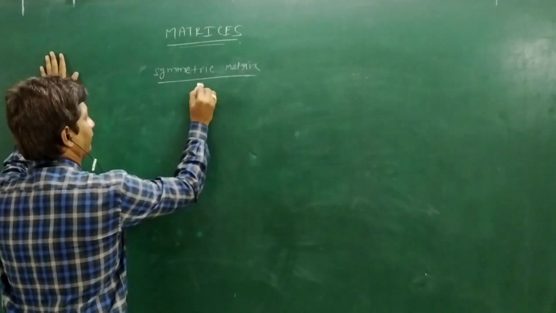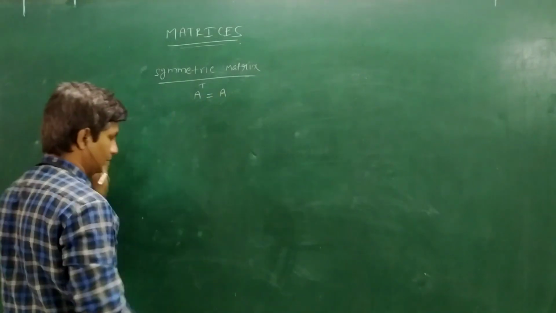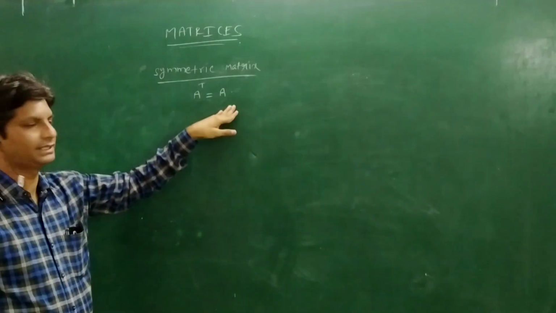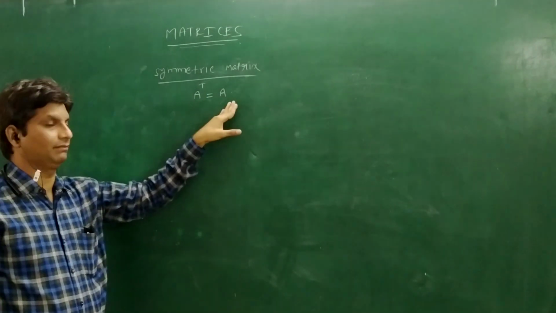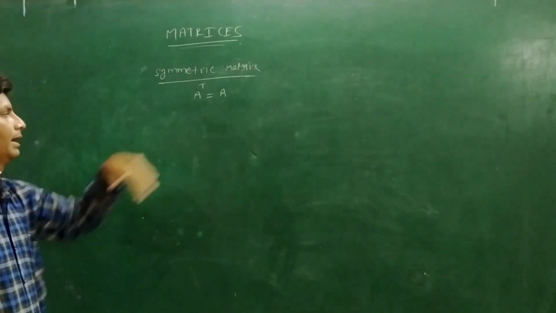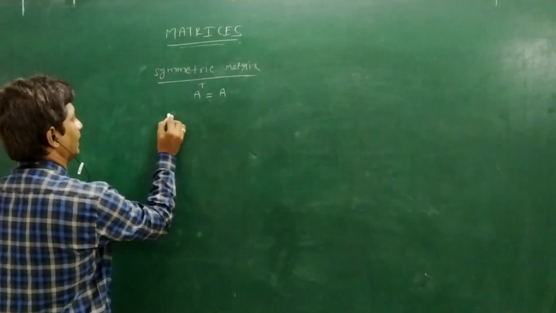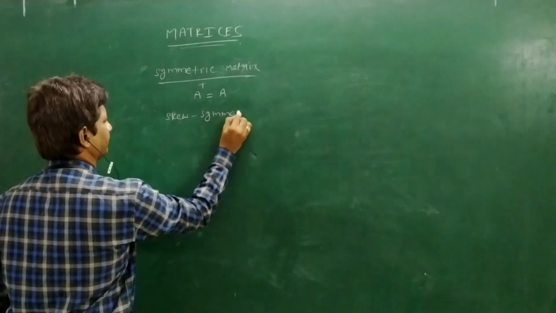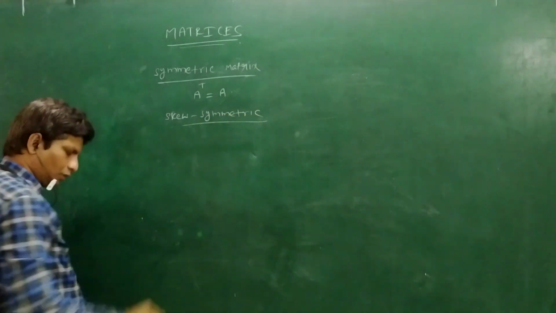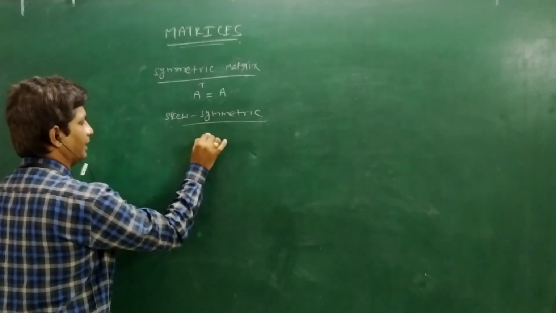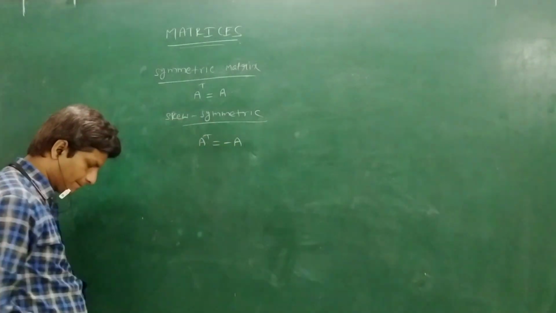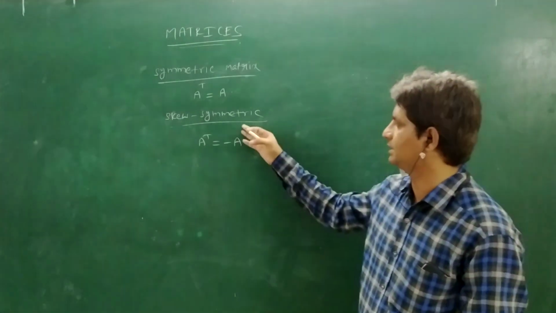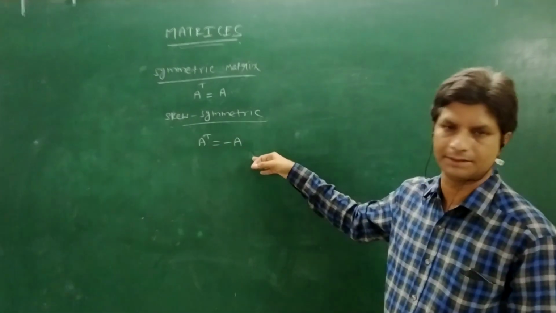If A transpose is equal to A, that means if the transpose of the matrix A is equal to itself, then the matrix capital A is said to be a symmetric matrix. Of course, it is a square matrix. Next, skew symmetric matrix. If A transpose is equal to minus A, then the matrix is called a skew symmetric matrix.